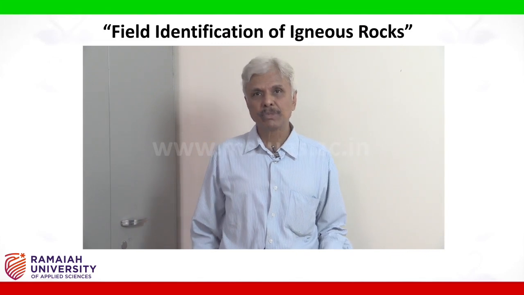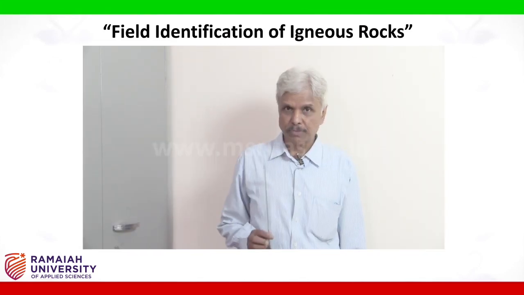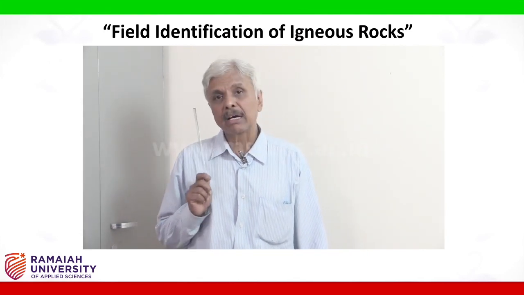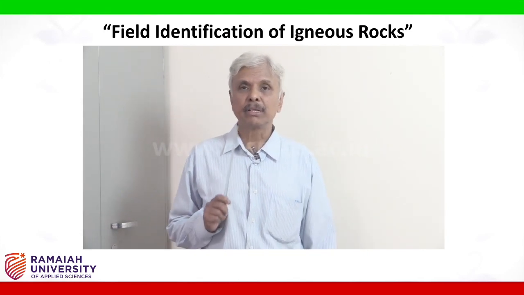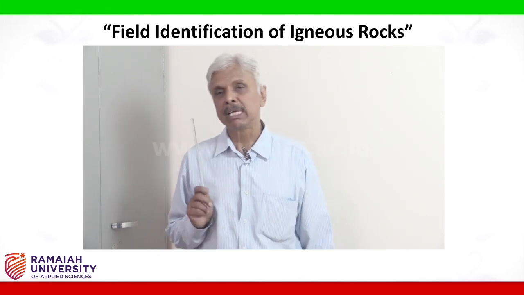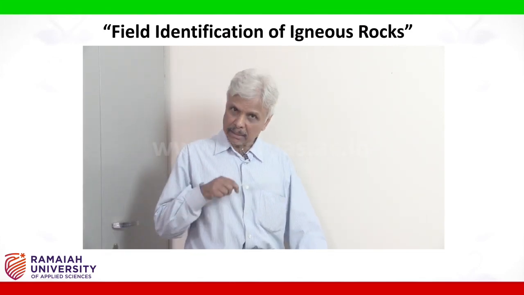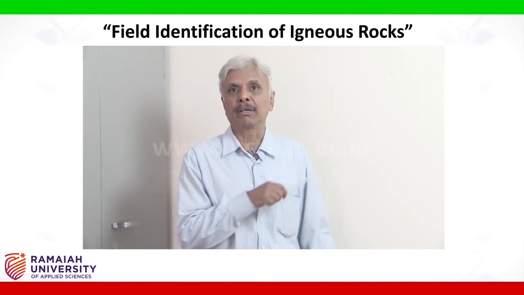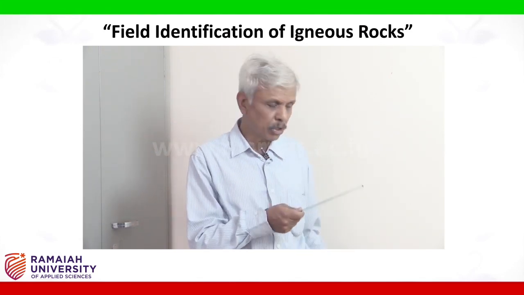Igneous rock mineral composition. The color is related to the mineral composition. We have igneous rocks in lighter color shades, darker color shades, and very dark color shades. Now let us talk about the composition.